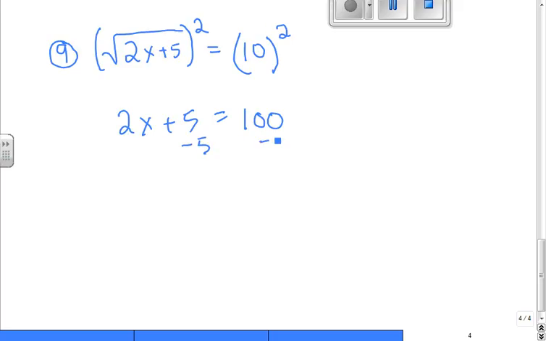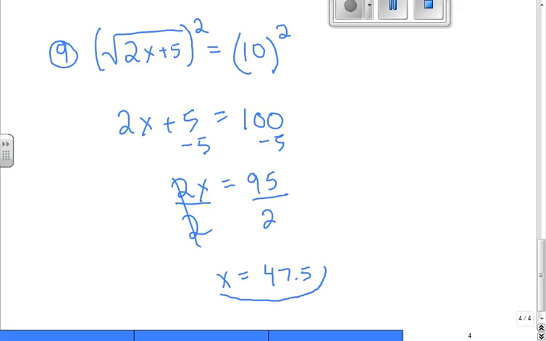Subtract 5 from each side. We have 2x is equal to 95. We're going to divide both sides by 2, since the 2 is multiplied by the x, to get x equals 95 divided by 2, which is 47.5.